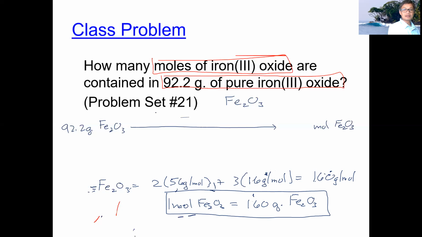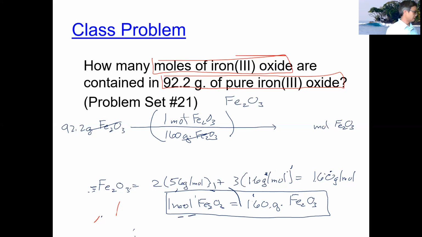So let's go ahead and plug that in up here to get our final answer. So if we start out with grams of iron 3 oxide here, we want to make sure we have grams on the bottom here. So let's go ahead and write that in. We have then 160 grams of iron 3 oxide for every 1, so that has to go on top, mole of iron 3 oxide. That allows us to cancel out that unit.